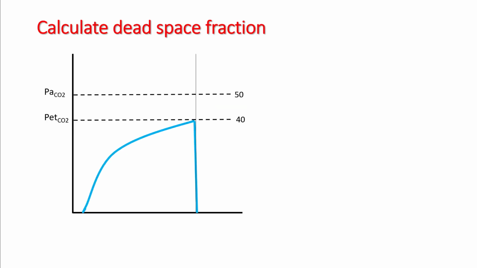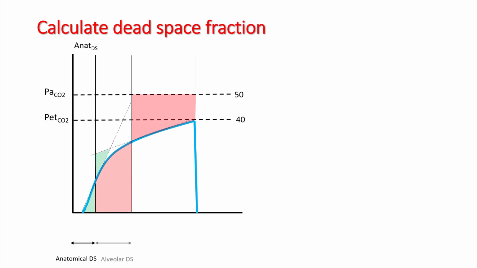So how do you calculate dead space using this method? We draw these two lines. We draw a vertical line to get these two triangles having a similar area. That will be your anatomical dead space. If I draw a vertical line so that the area of these two trapezoids look similar, that will be your alveolar dead space.